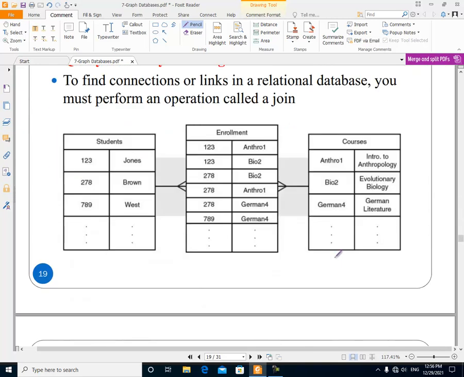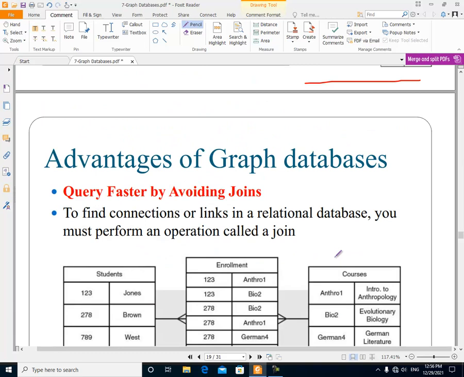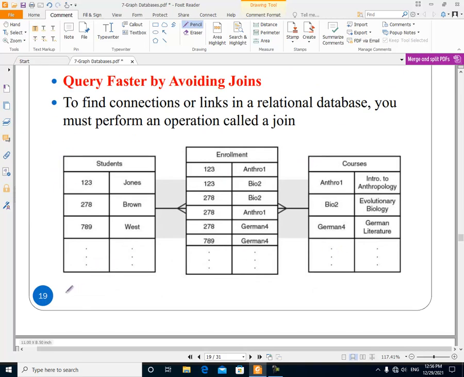One of the advantages of the graph database is that the operations and queries are faster because in the graph database we don't have joins. In this figure you see a relational database. In this database we have three tables: students, courses, and enrollment.